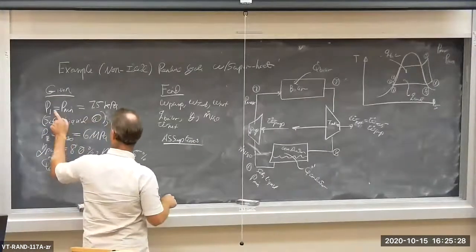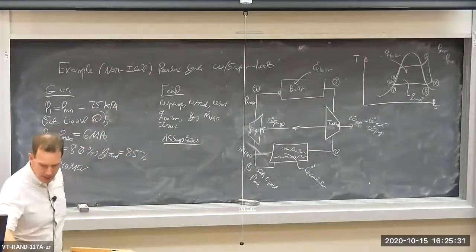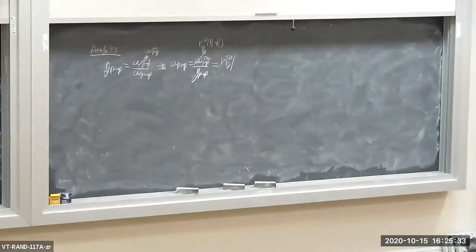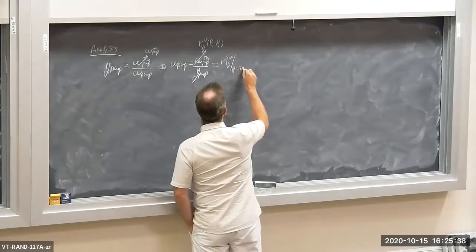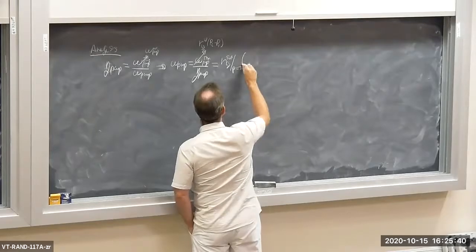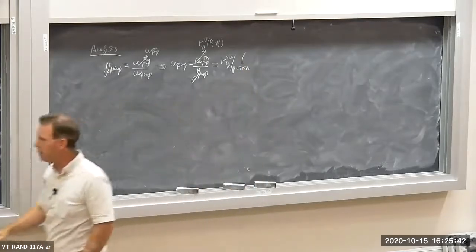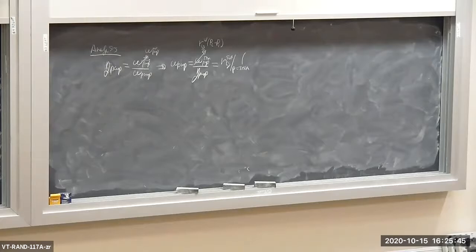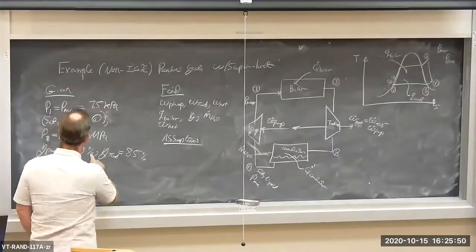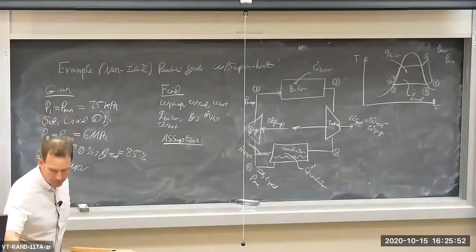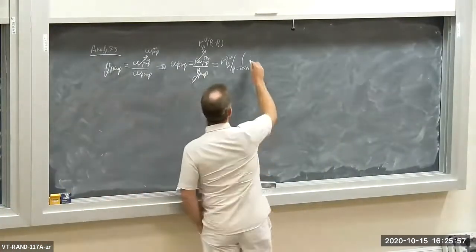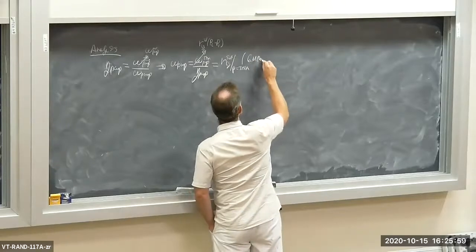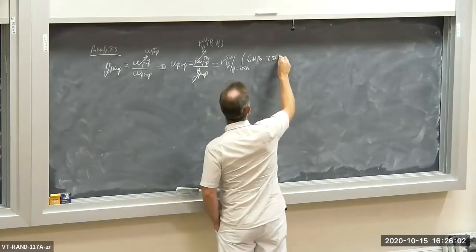Pressure P1 is 7.5 kPa. And then I have a delta P. P2 again is 6 megapascals, and P1 is 7.5 kilopascals. So 6 megapascals minus 7.5 kilopascals.